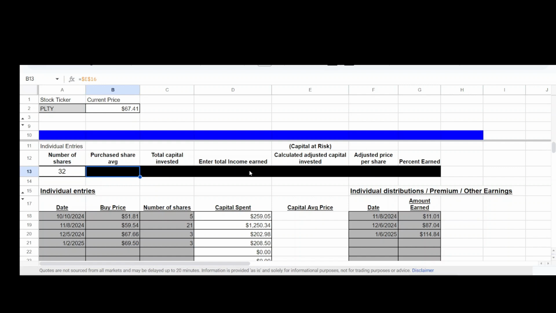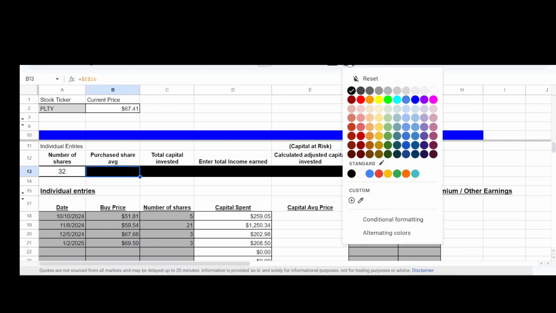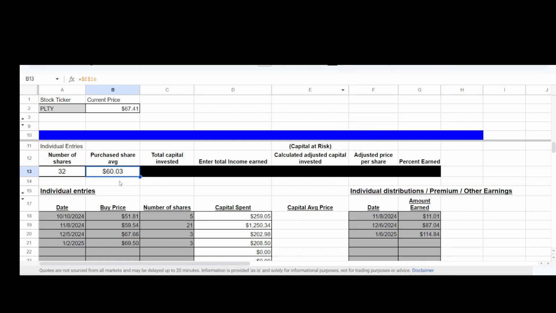And my purchased share average. Now this is basically the total capital that I spent divided by the number of shares. So this is the average purchase price per share of the money that I spent to buy these shares, and that is $60.03.